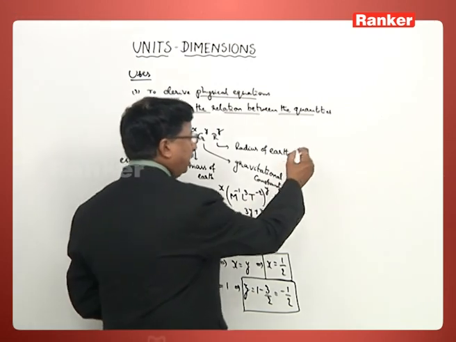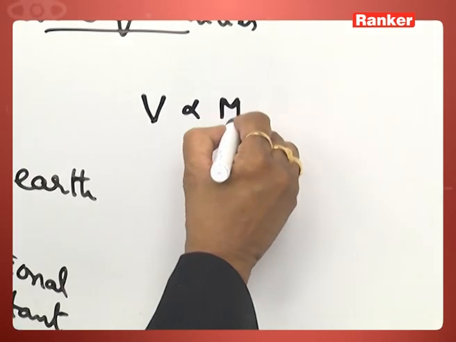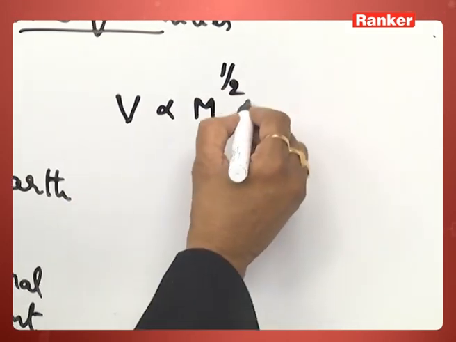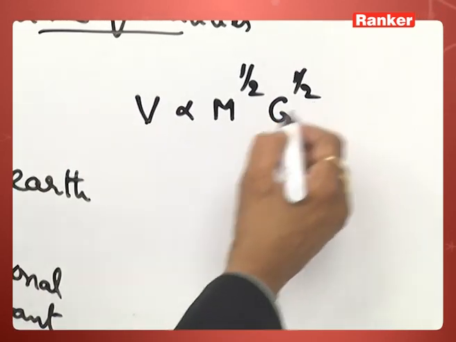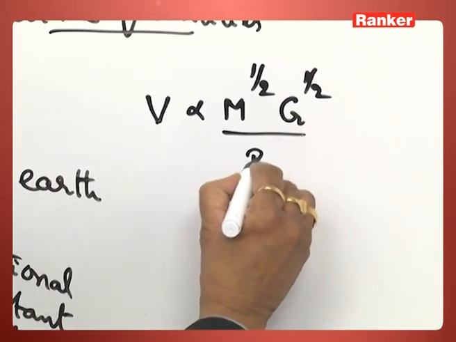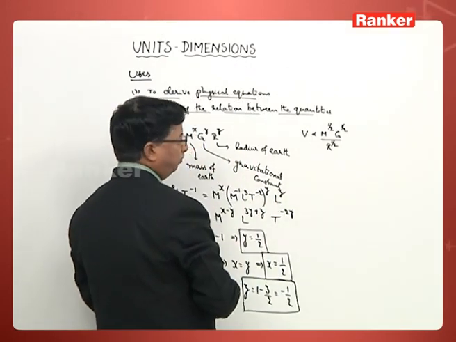Very simple once again. V is proportional to M to the power half, G to the power half, into R to the power minus half, that I can write as R power half in the denominator.